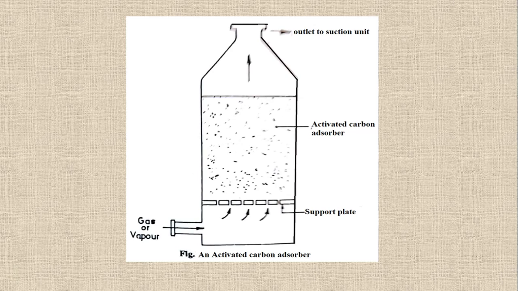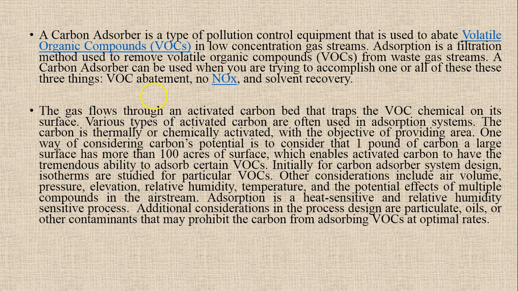So you can see in this diagram, the polluted gas enters through this inlet. Through this space provided, the polluted gas enters and passes through this activated carbon adsorber. The remaining clean gas will be sent outside.